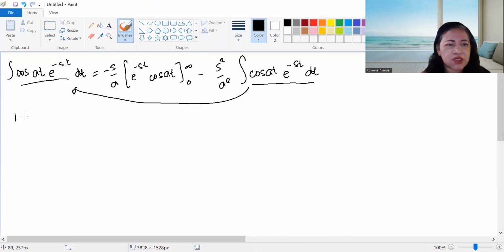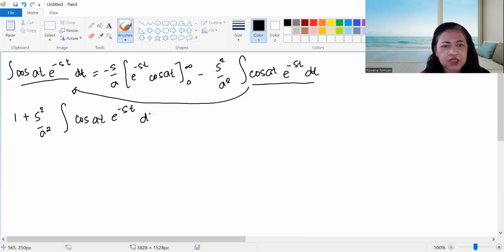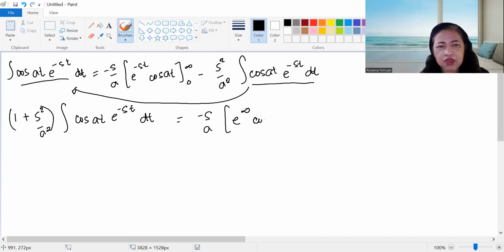So that will now be 1 plus s squared over a squared, times the integral of cosine of at, e to the negative st dt, equivalent to negative s over a, then introduce now the upper and the lower limit: e to the infinity cosine of infinity minus e to the 0 cosine of 0.